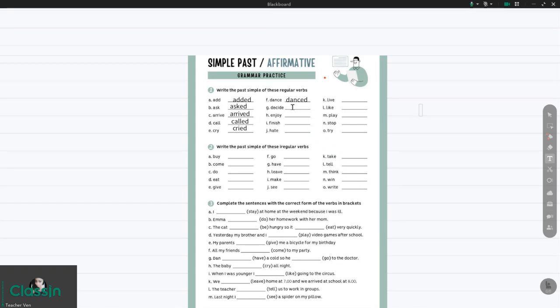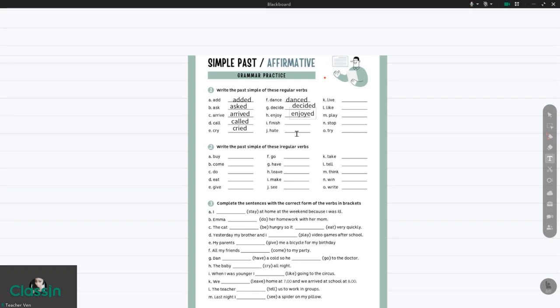So it's going to be decided, right? Decided. All right. And for our letter H, it's enjoy. So it becomes enjoyed, right? Again, we just have to add ed.